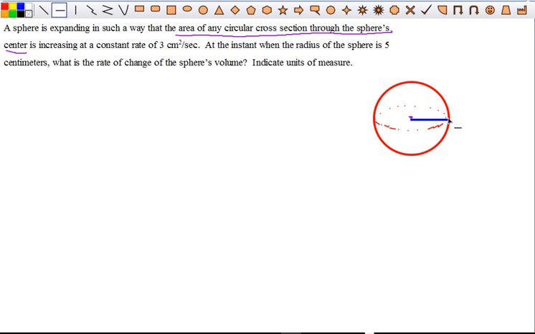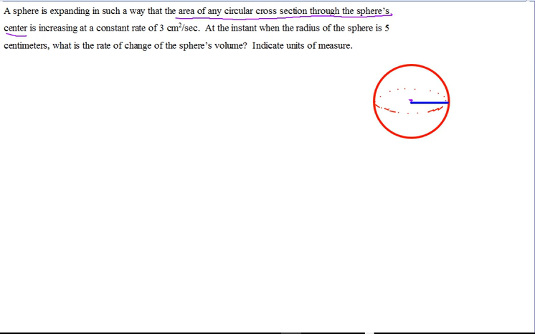There's the radius, we can call it r. Then it's saying the area of any circular cross section through the center is increasing at a constant rate of 3 centimeters squared per second.